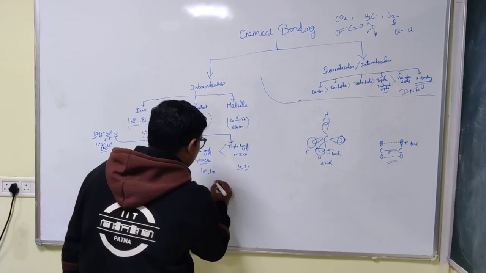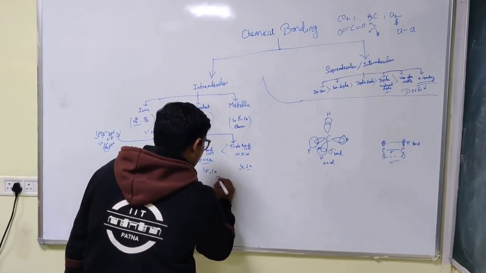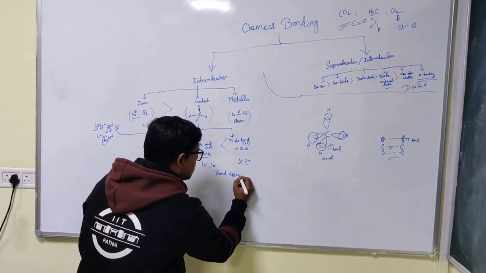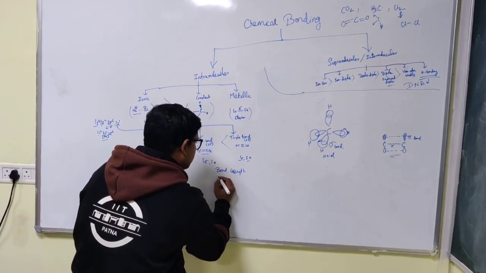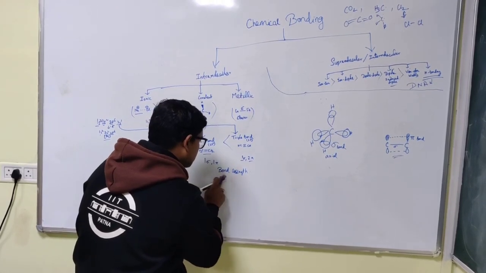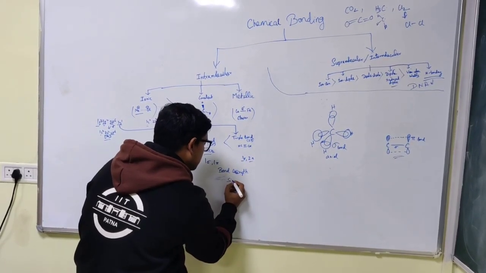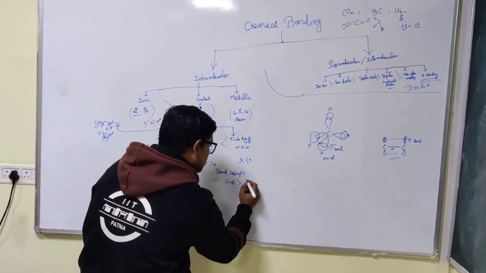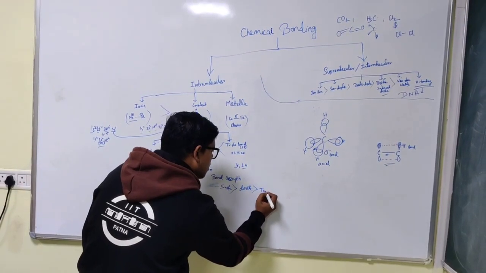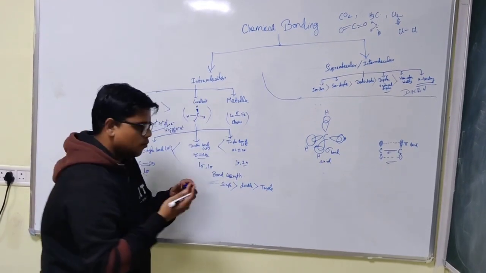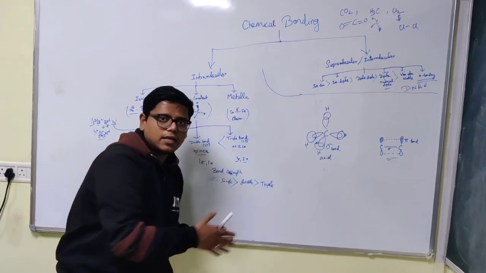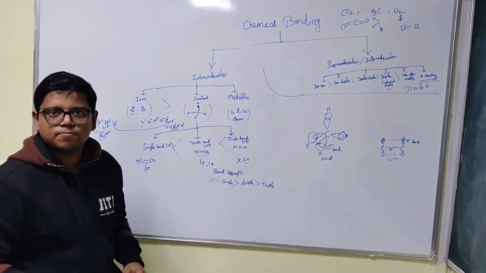Bond length decreases from single to double to triple. Since more bonding is here, more electrons gather in this bonding, the bond length decreases.